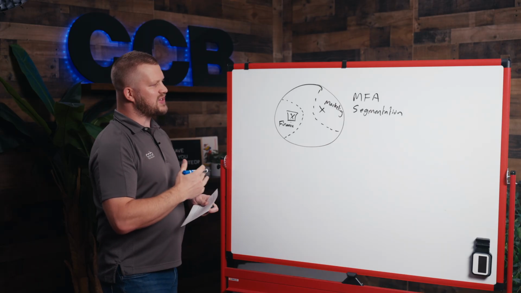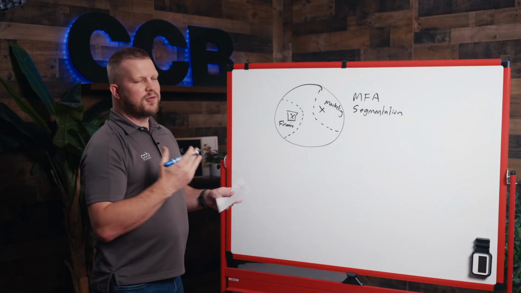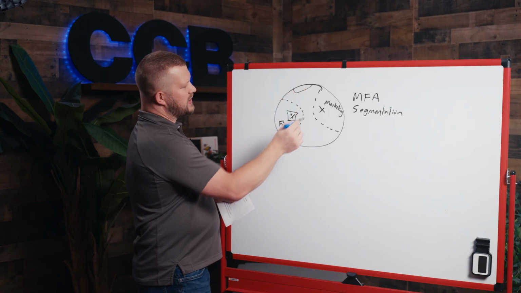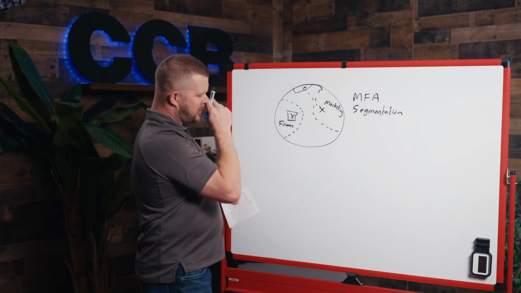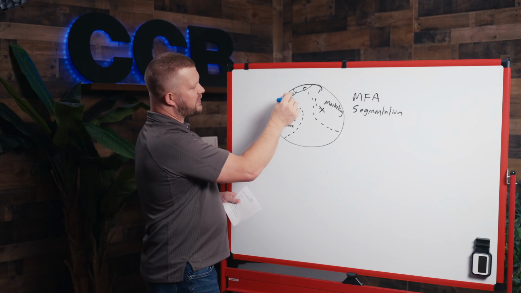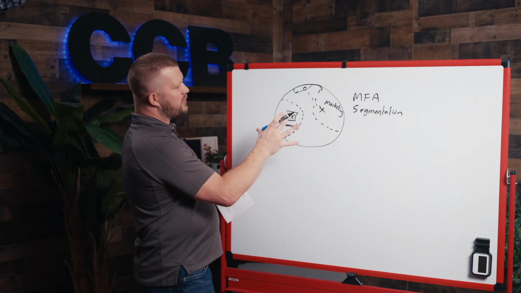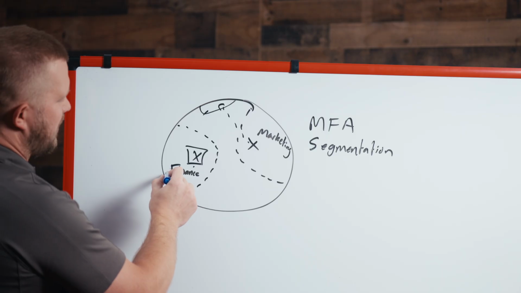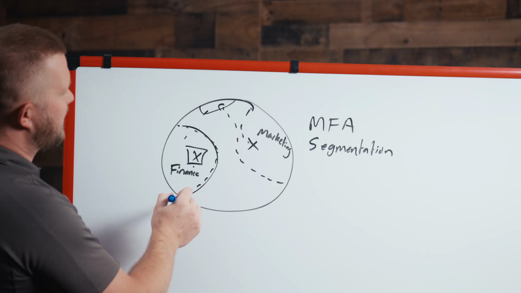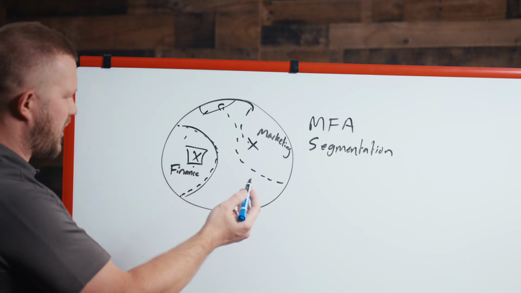So outside of just even your traditional file permissions on a file share, marketing can get to that particular file share and they might have access to a set of folders. Finance gets to a different portion of that file share. Even inside of that, we can say, okay, this finance person can't even leave this section that they're in without actually knowing who they are, that type of thing.